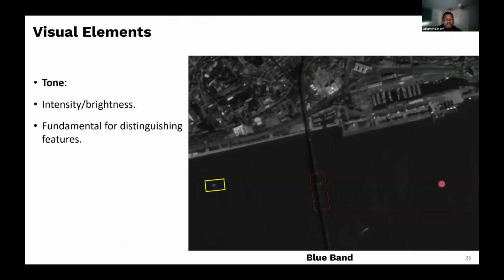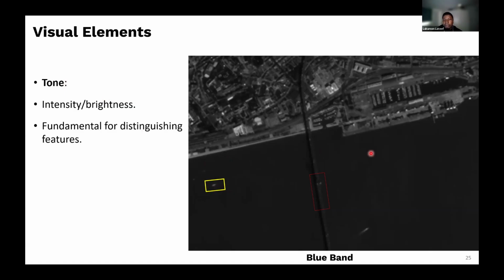So we now take the visual elements and see how we can use them to distinguish features on the image. Tone, as we have seen, is the most important factor to identify features in an image. This is the intensity level or brightness level of a feature, or the reflected energy. How bright is the energy, or how high is the amount of energy being reflected.